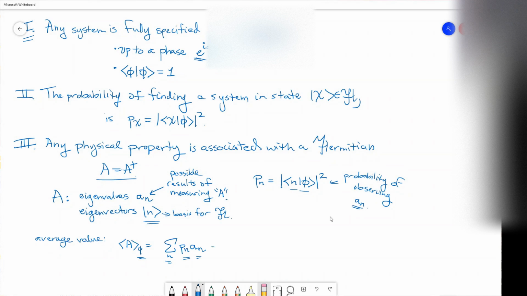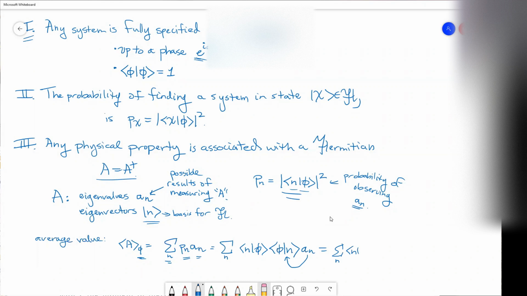And what is this? We can now use our Dirac notation to expand this out, right? We can start writing things in a sort of quote unquote clever way. We could rewrite the probability as the following, and then we could absorb this a_n into here if we want by introducing the operator back.